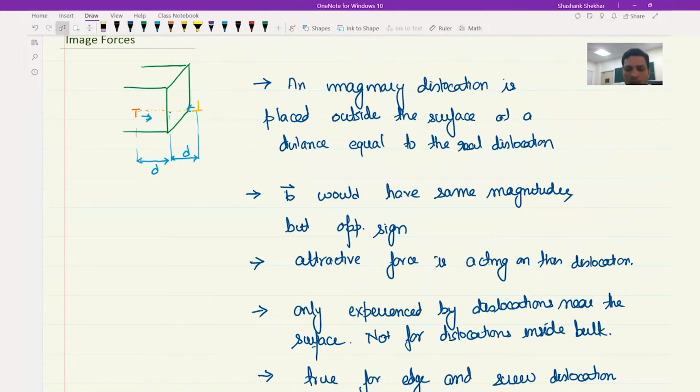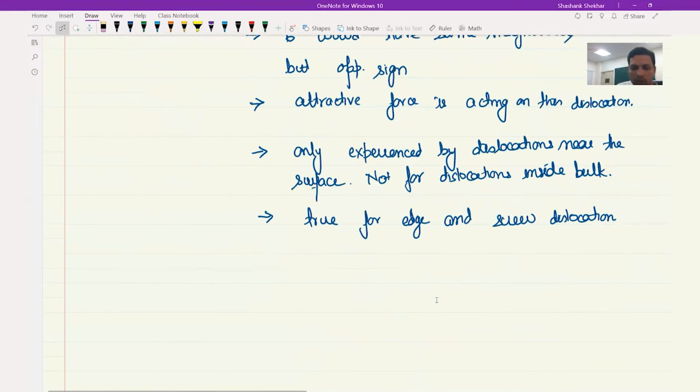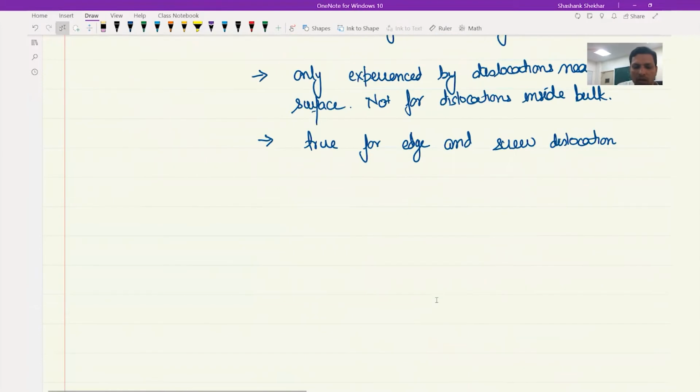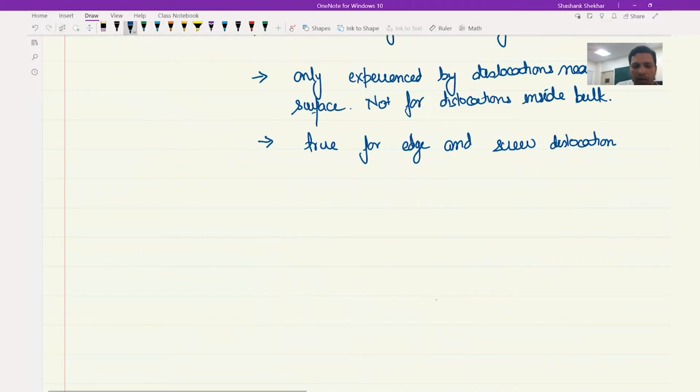So now we will calculate how much force is acting on this. We have already seen that we know the relation for the force acting on a dislocation. So coming to this condition, we can write Fx for the edge dislocation.